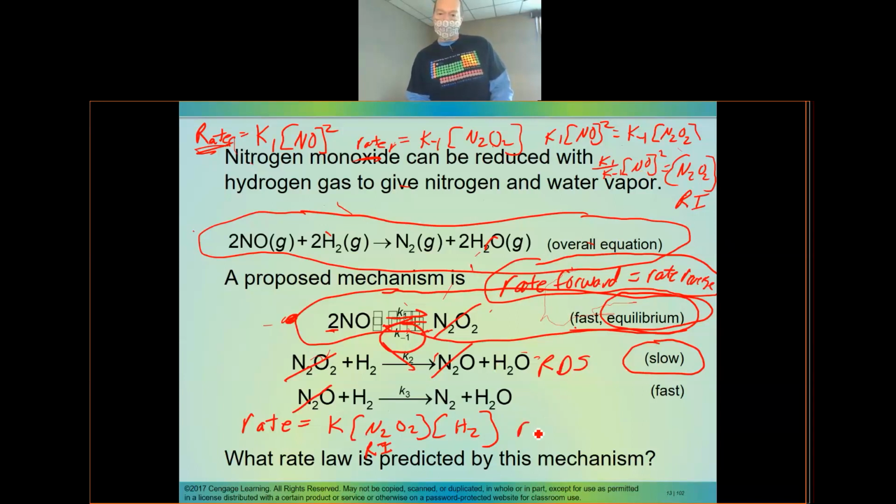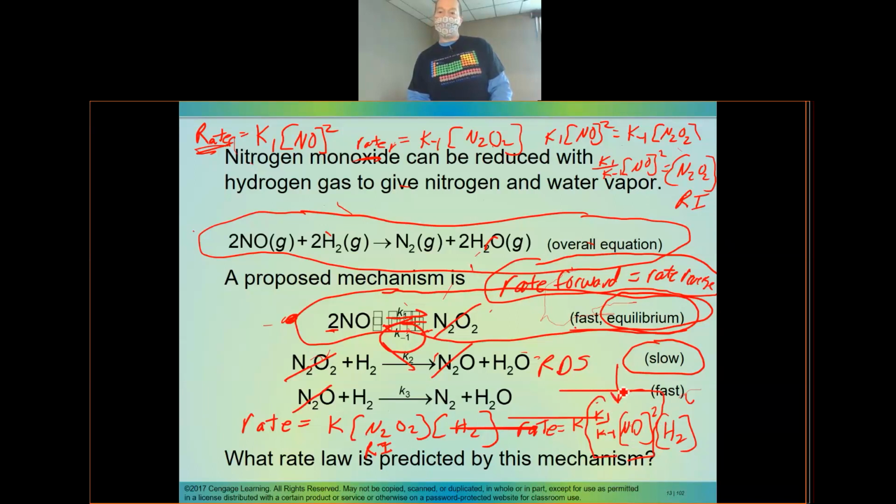And you get that the rate is equal to K for our N2O2. We are putting K1, K minus 1, and we're putting NO squared. And then we still have our H2. So do not forget, all we did was we have this part right here.